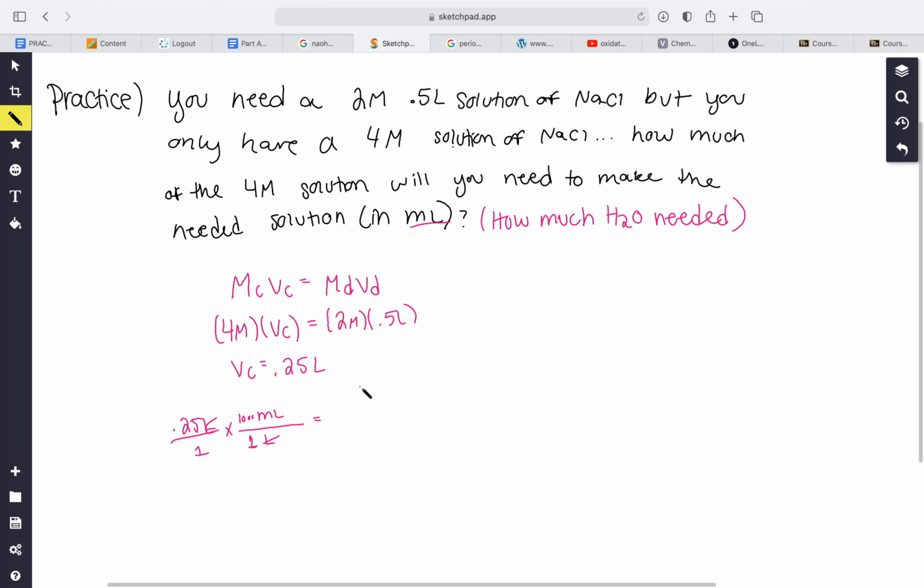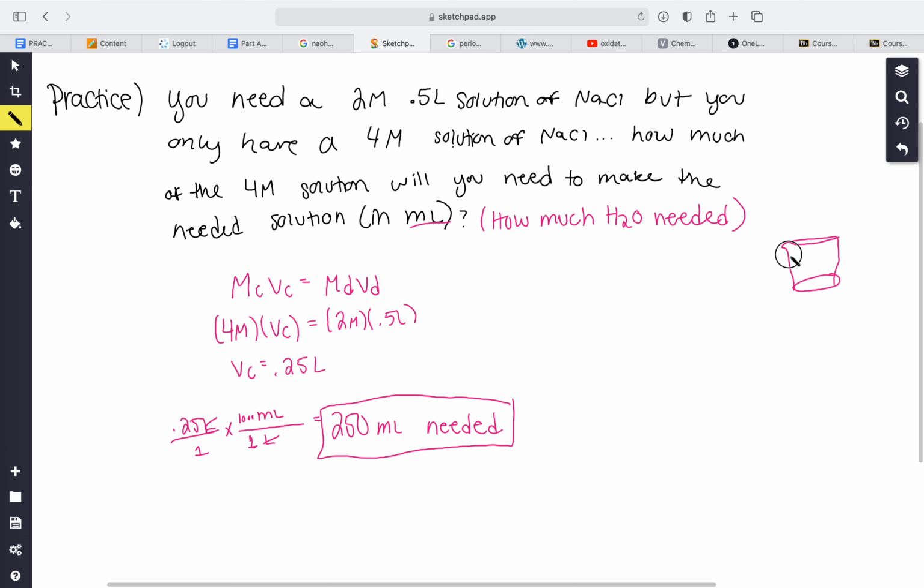Okay, times 1,000. So we get 250 milliliters needed. Now, the challenge question is how much H2O is needed in order to do this, right? So let's think of this question like this. So we have a beaker. Oh my god, that is a horribly drawn beaker. Right?